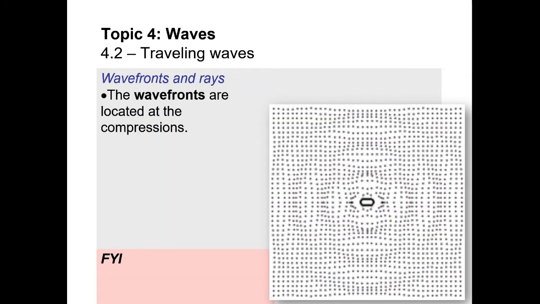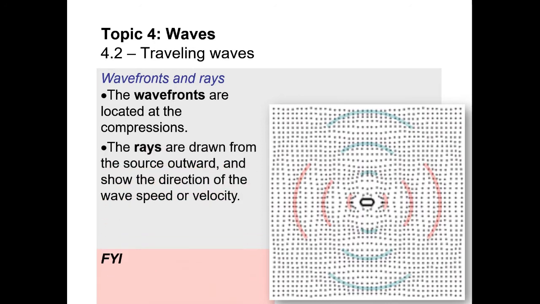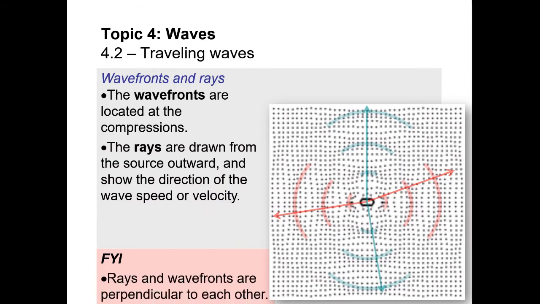Wavefronts are located at compressions where air molecules are closer and the pressure is higher. The rays are drawn from the source outward and show the direction of the wave speed or velocity. And the rays and wavefronts are perpendicular to each other.